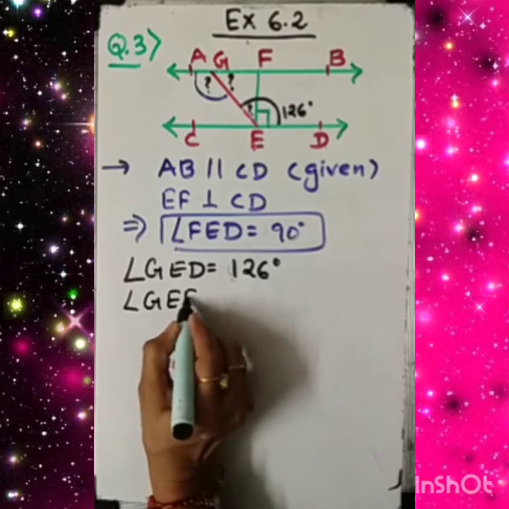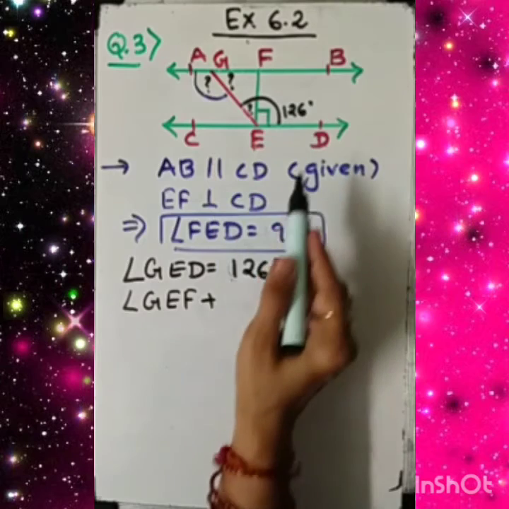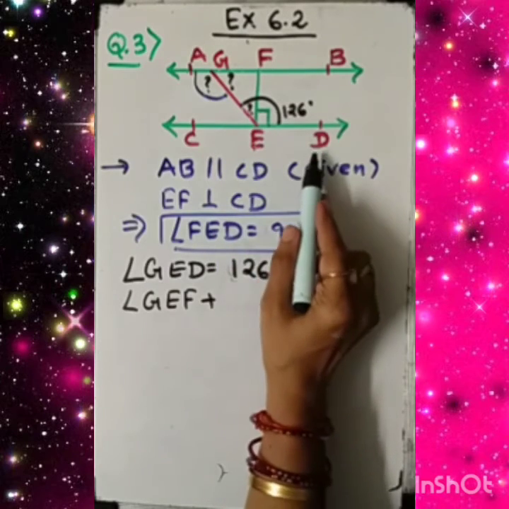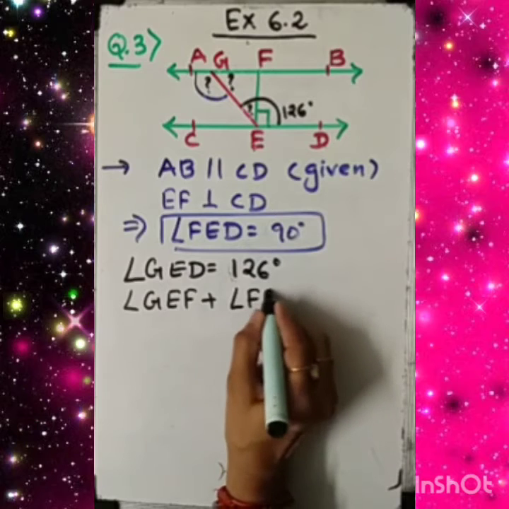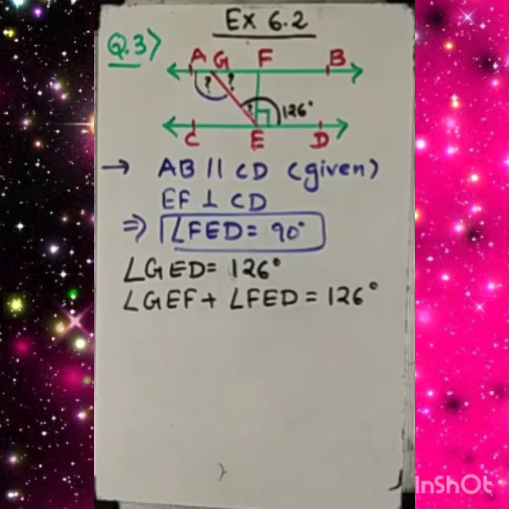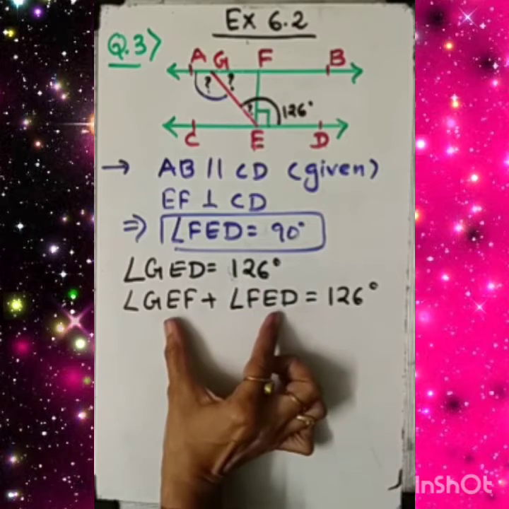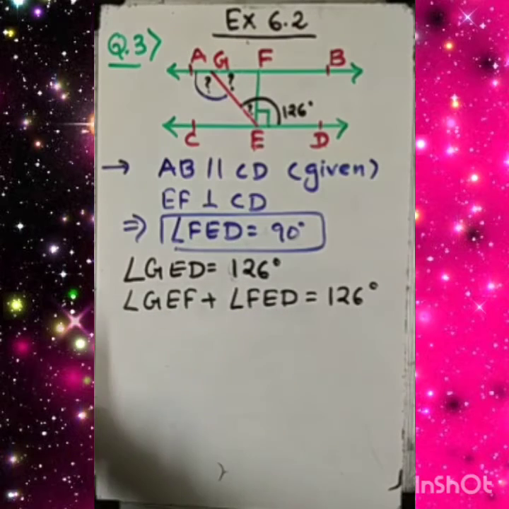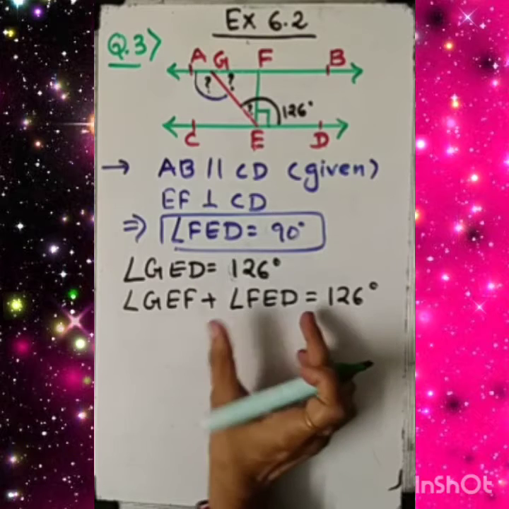My dear student, GEF plus FED, these two angles all together form the 126 degree angle. Actually this GED is the combination of these two angles. Now, as we know, this is 90 degrees. This we already know through this result.